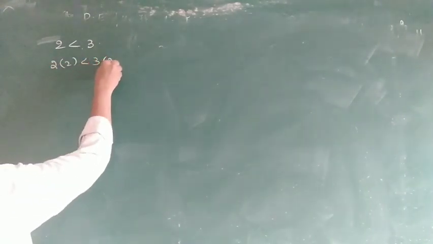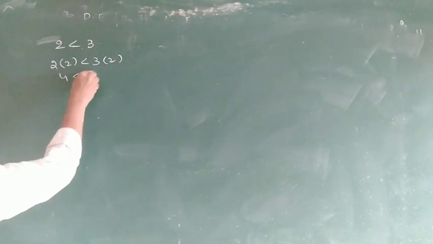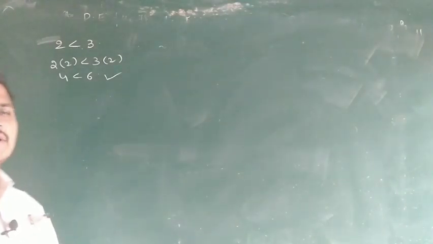For example, 2 less than 3 is correct. Multiply by 2: 2 into 2 less than 3 into 2, so 4 less than 6 is correct. Multiplying or dividing by a positive number, there is no change. Now multiply or divide by a negative integer.